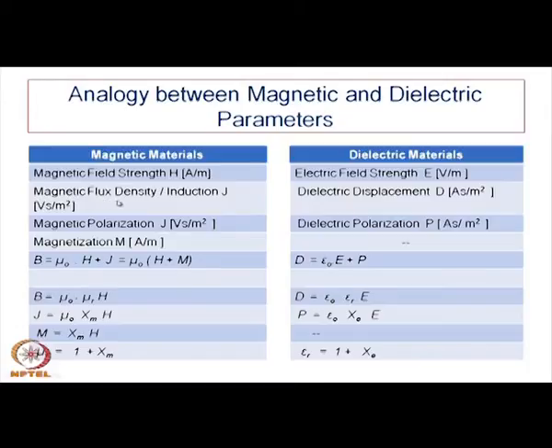So, for the magnetic flux density, the induction, we are basically talking about how this material responds to the external field H. Here also the dielectric displacement is D. They have an analogy with each other. Magnetic polarization J, and here is the dielectric polarization P, and the units are ampere second per meter square, whereas the other is volt seconds per meter square.